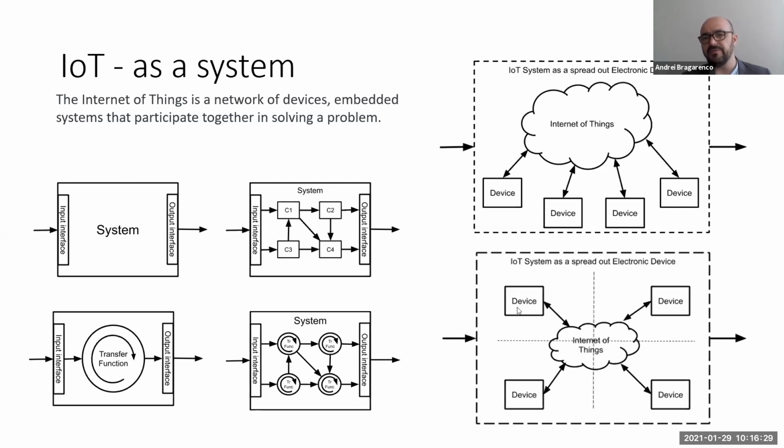Part of the functionality is running on one device, or on one component, and a component can be on the same device or a different device, but the theory is like this. We have the system, we have different components or functions, and the components or functions can be distributed through the internet. This is the theory of the Internet of Things, let's say.